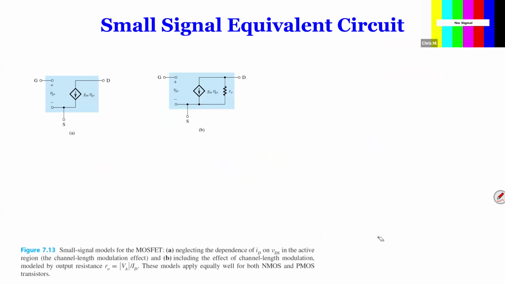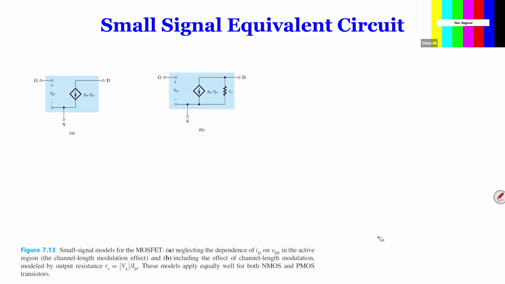Okay, this is kind of interesting. The circuit to the left is the small signal model without early resistance, and the circuit to the right is the circuit with early resistance. If you don't have any resistance connected at the point D, you still get an output, which is gm VGS times RO.